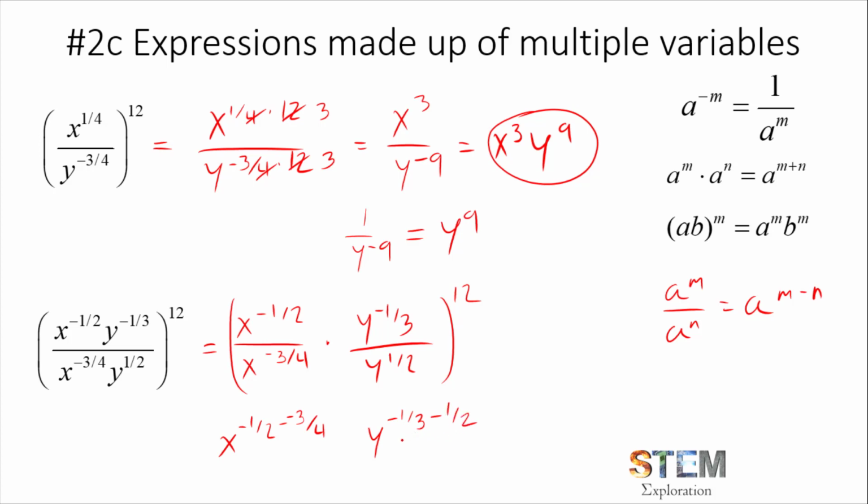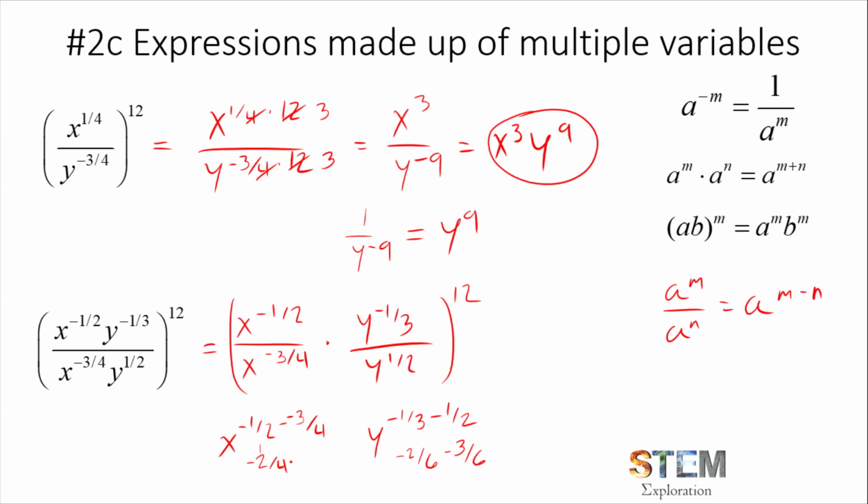Now you might have to match up some denominators here and do a little bit of work. So for example, -1/2 would be equivalent to -2 over 4. And if we look at 1/3 and 1/2, we could say that -2 over 6 is equivalent for 1/3, and -3 over 6 is equivalent here. And we can use that to our advantage to rewrite these given expressions.